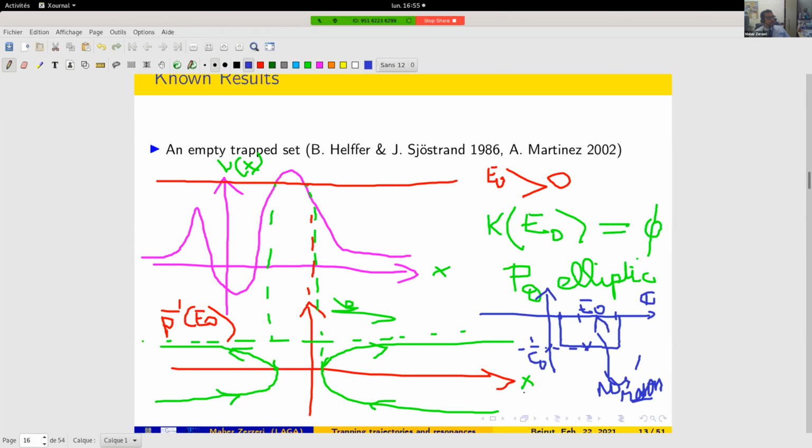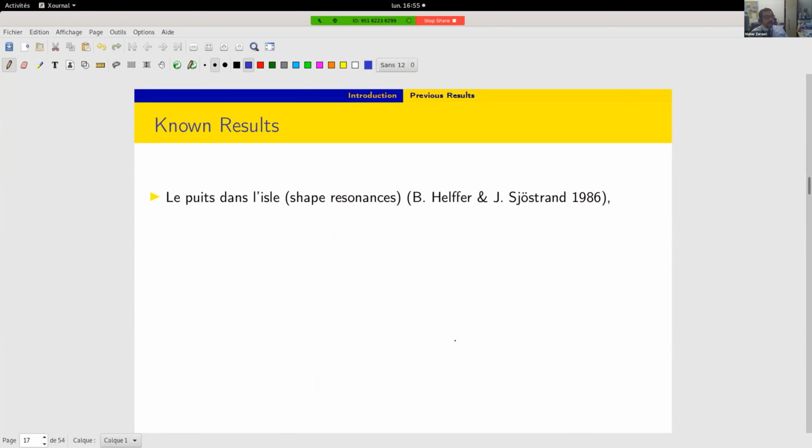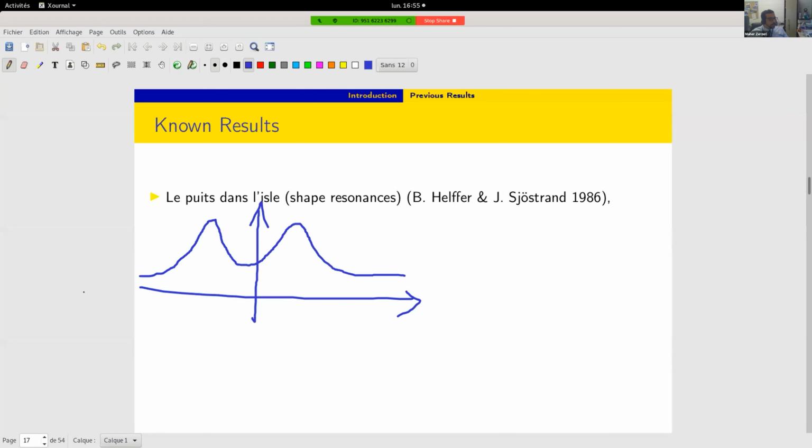So the second example, very important, is the well in the island, and what we call the shape resonances, and it's related to the tunnel effect. This is very important. So what is it essentially? I do the same, and I consider exactly E0.